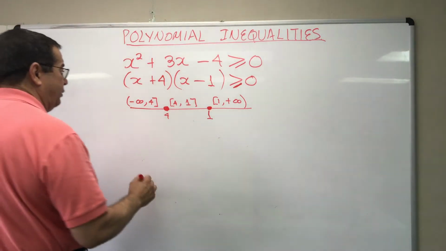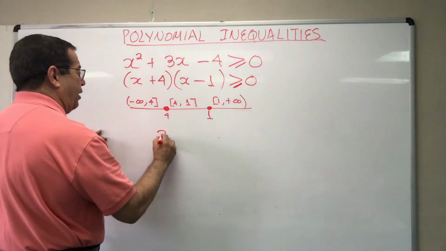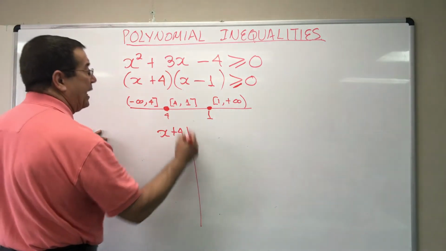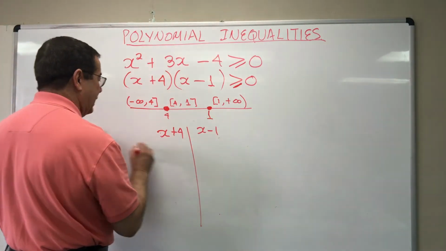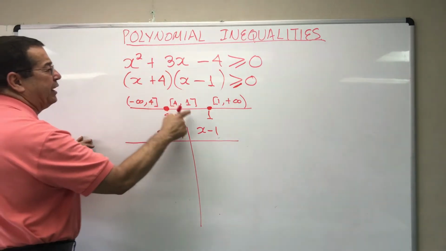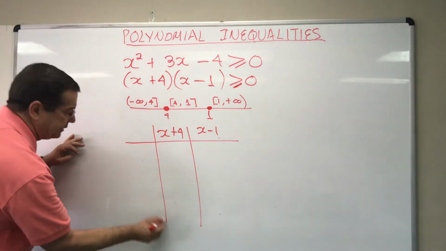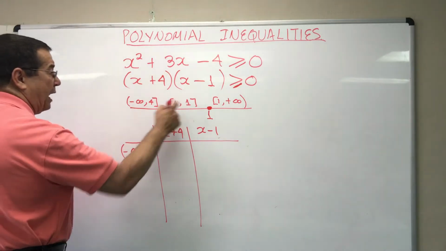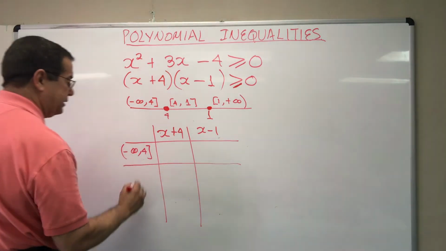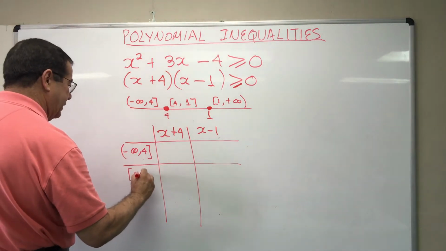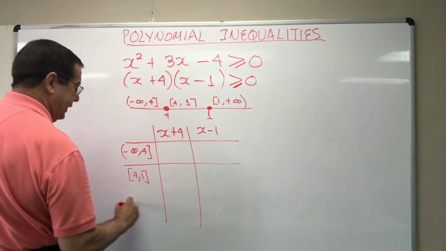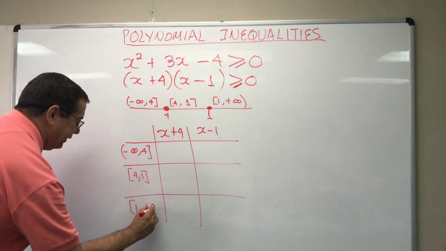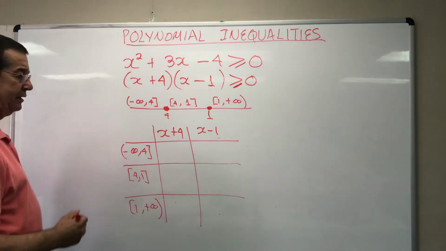In the columns you write the corresponding factors, x plus 4 and x minus 1, and I create 3 rows. The first row is negative infinity to negative 4, another is negative 4 to 1, and another is 1 to positive infinity.